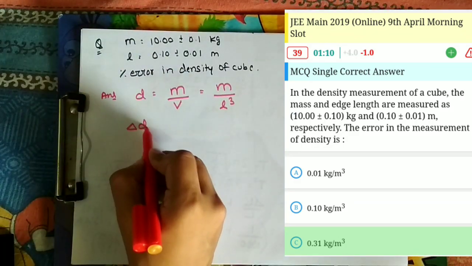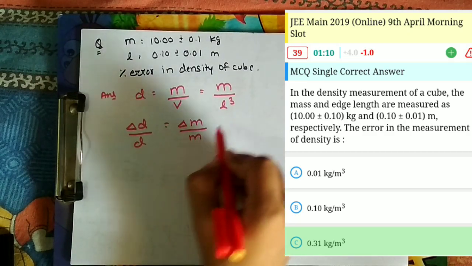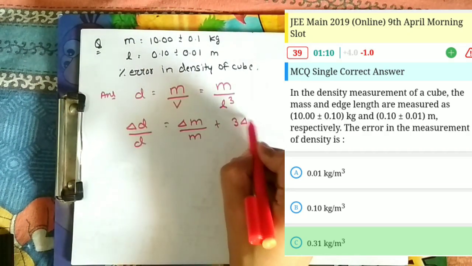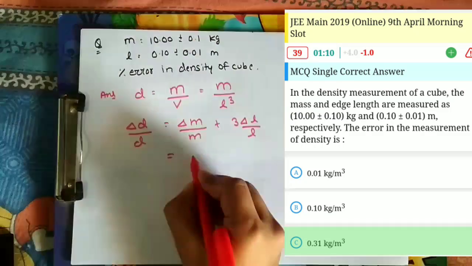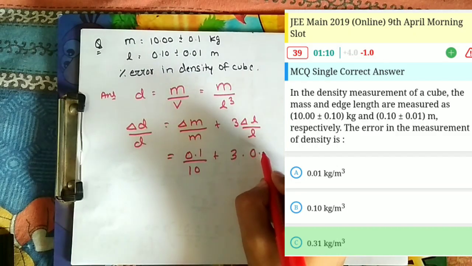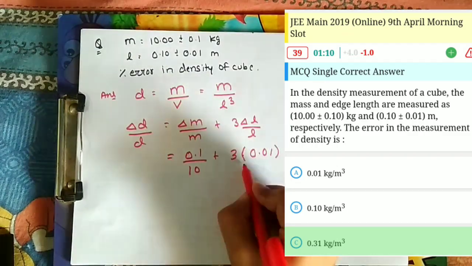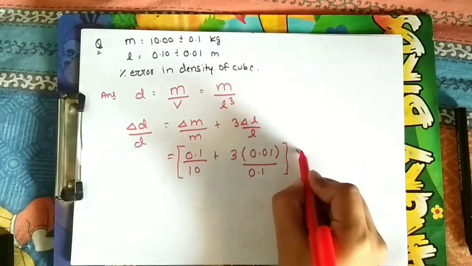So the expression will be delta D upon D equals delta M upon M plus, write down the exponential part in forward, 3 delta L upon L. Now delta M is 0.1 upon 10 plus 3 times of 0.01 upon length is 0.1, and we have to find percentage, so multiply it with 100.